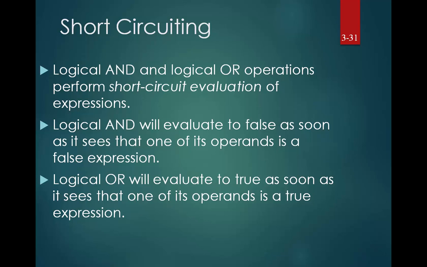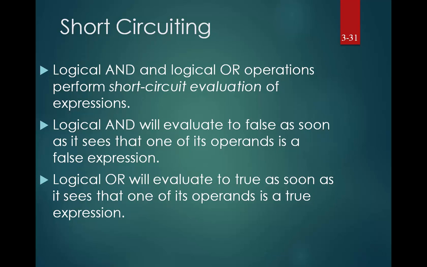For instance, the logical AND will evaluate to false as soon as the first operand that it encounters is false, right? So two things can't be true if the first thing is false. Therefore, we don't even check the second one.